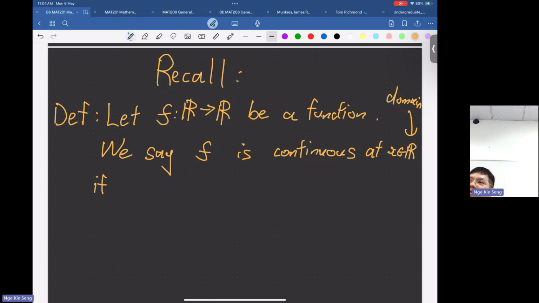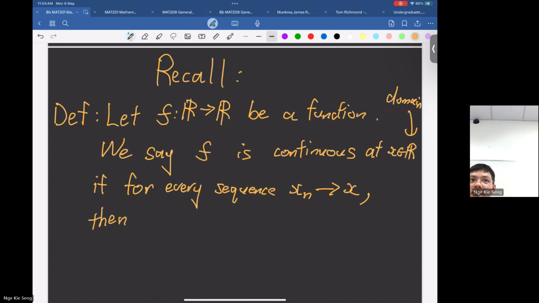If for every sequence Sn that converges to x, then we can build another sequence, which is f of Sn.